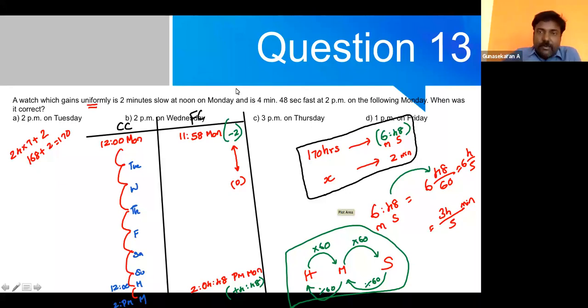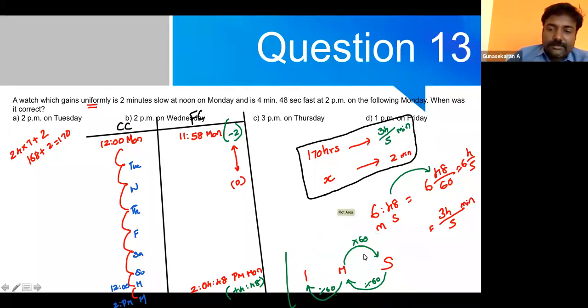Clear. So in place of 6 minutes 48 seconds, write 34 by 5 minutes. Now do the cross multiplication, you will get the answer. That's all. So only one step, but obviously it is a little bit tough. Try to understand the concept clearly.